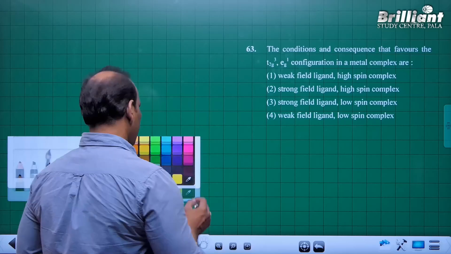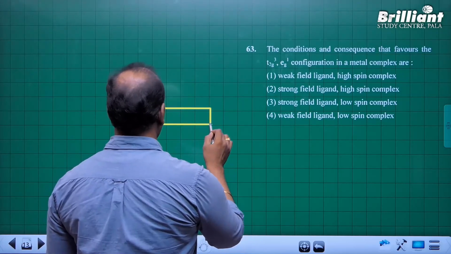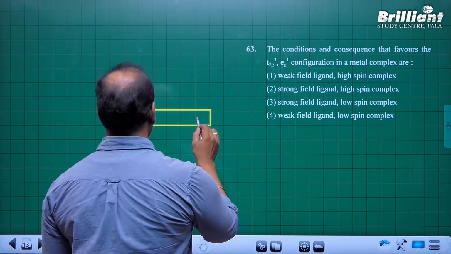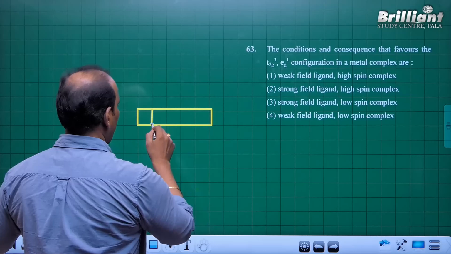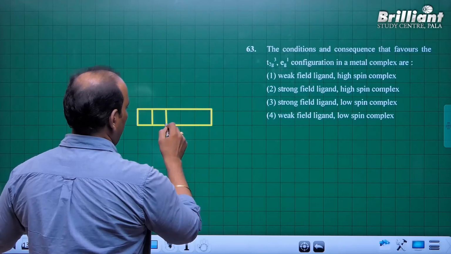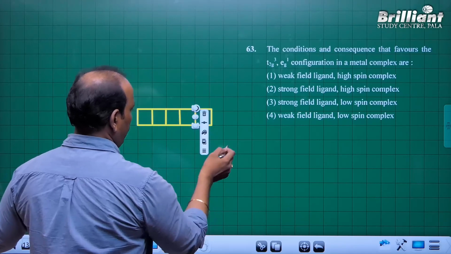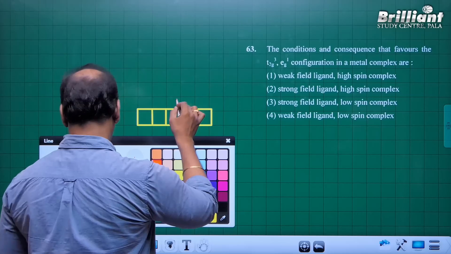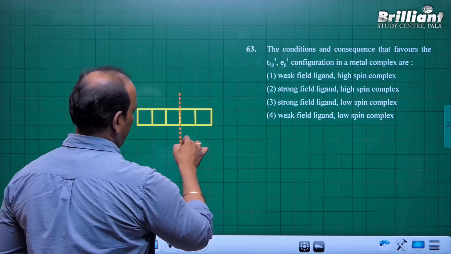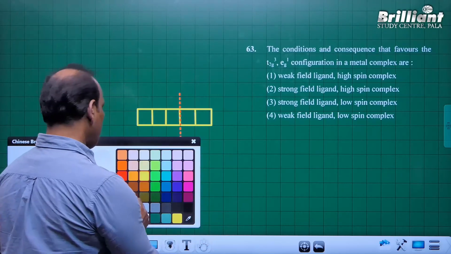Here then we know, the d orbital is splitting into 2 parts.